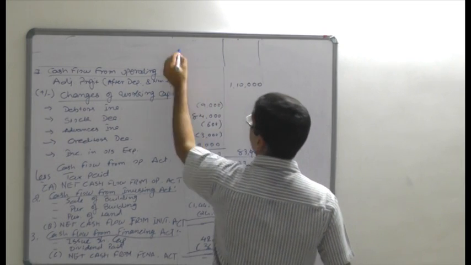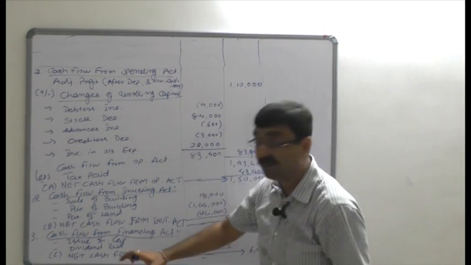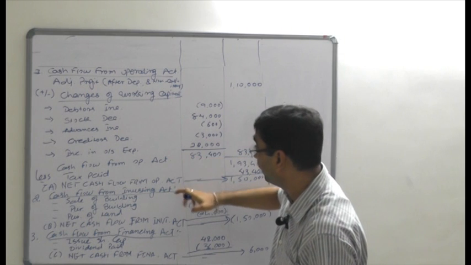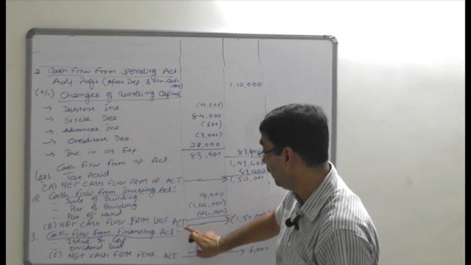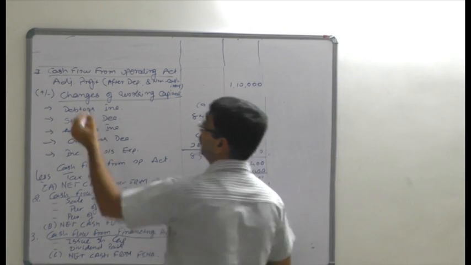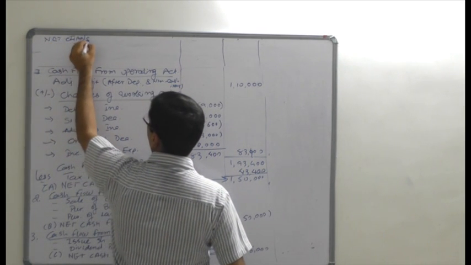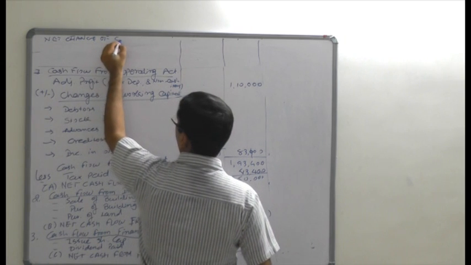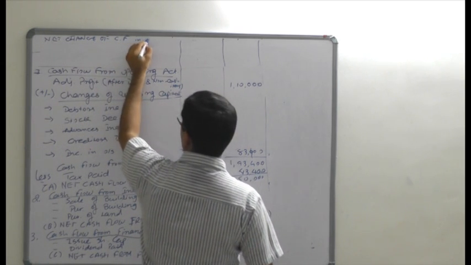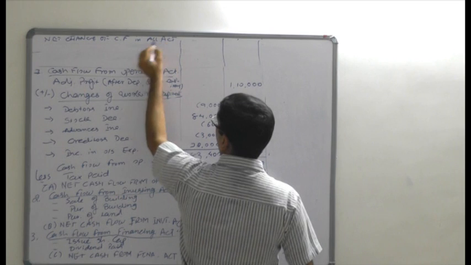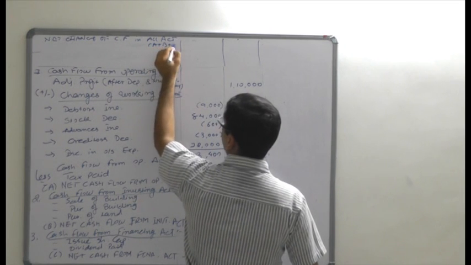Please concentrate on this. After we find the answers of activity A, activity B and activity C, we will find the net changes of cash flow in all activities: A plus B plus C.